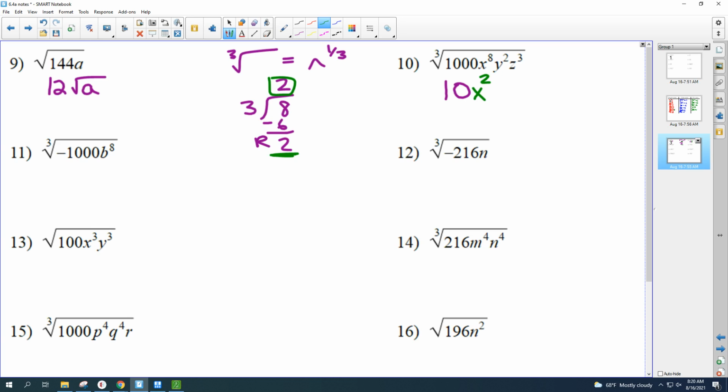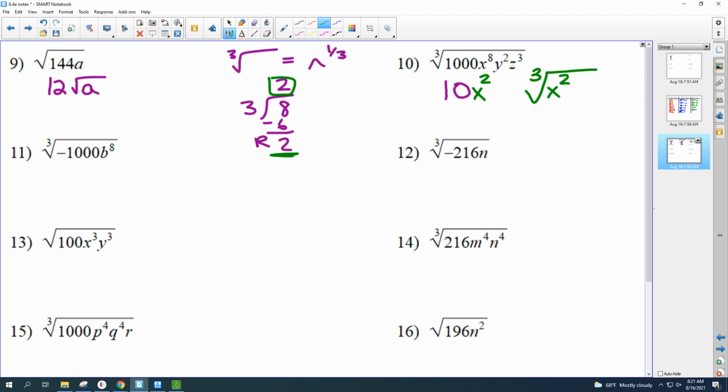So we're going to have the cube root, and we're going to have 2 of those x's still inside of there.